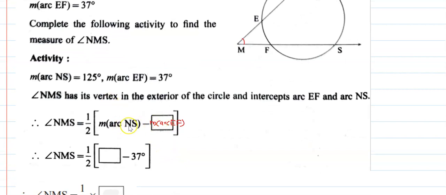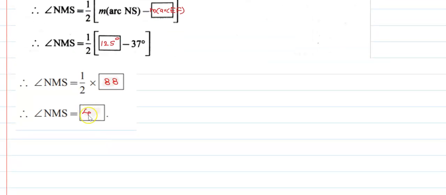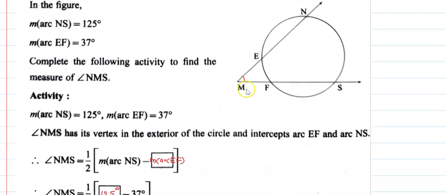What about the measure of arc NS? NS is 125. 125 minus 37, that is 88. And if we divide by 2, then you will get 44. And therefore, measure of angle NMS is 44 degree.